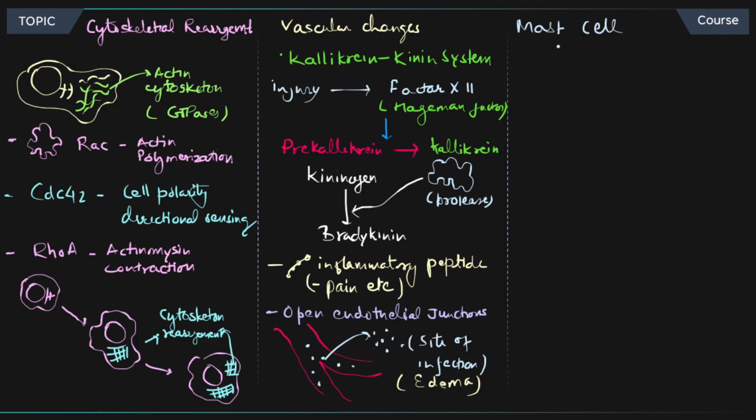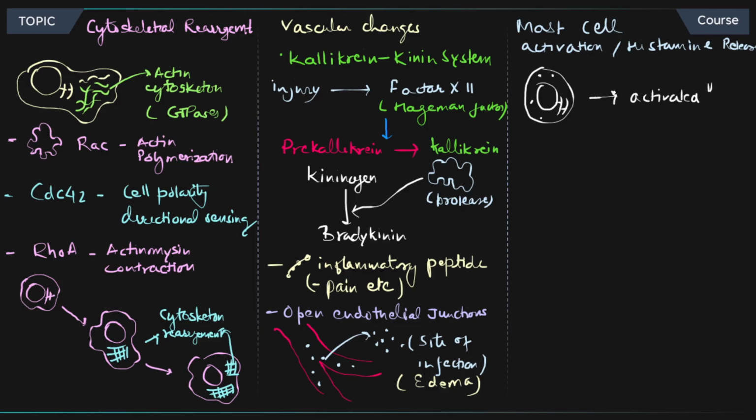So let's talk about mast cell activation and also release of histamine. This histamine release is really important to understand inflammation. Just imagine you have a mast cell right over here. Whenever this mast cell gets activated, you have molecules like bradykinin, a second molecule, complement, and another molecule, allergens.